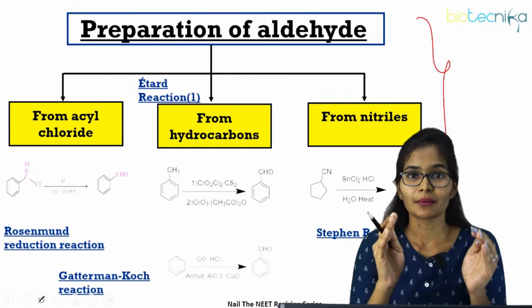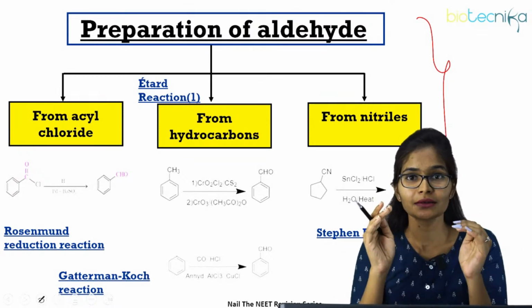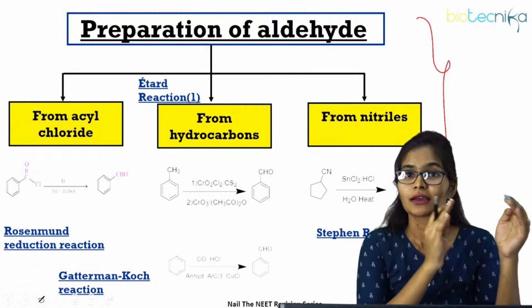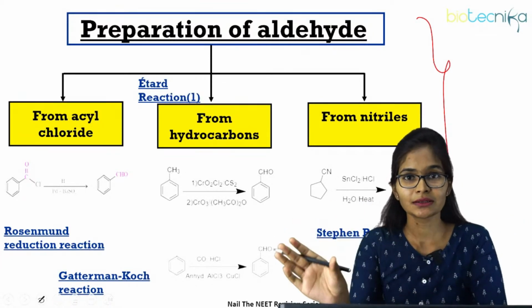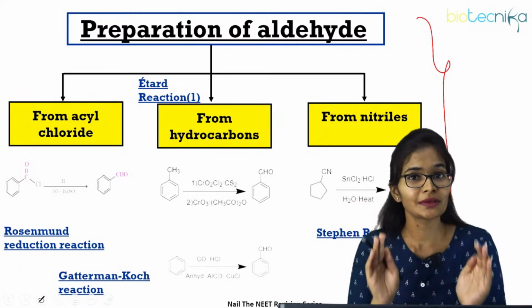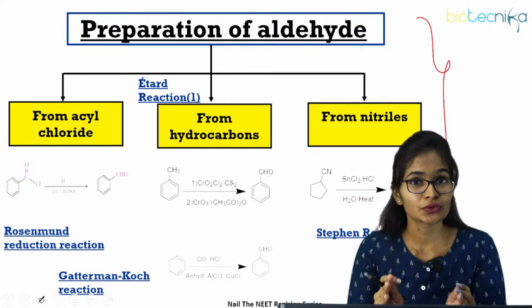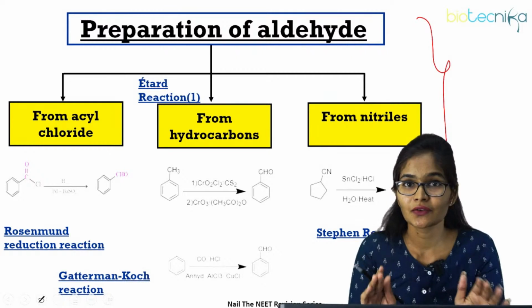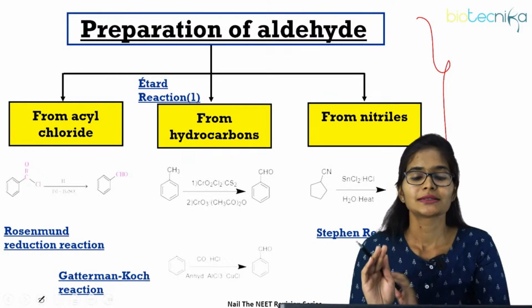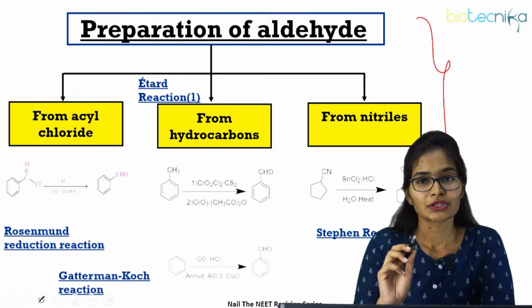With comparison in your mind, you can say I'm getting one named reaction in which I'm using this reagent, and I'm getting the same product. The product will be the same, but the reagent you are using and the name reaction are completely different, right? So let's start with the preparation of aldehyde.